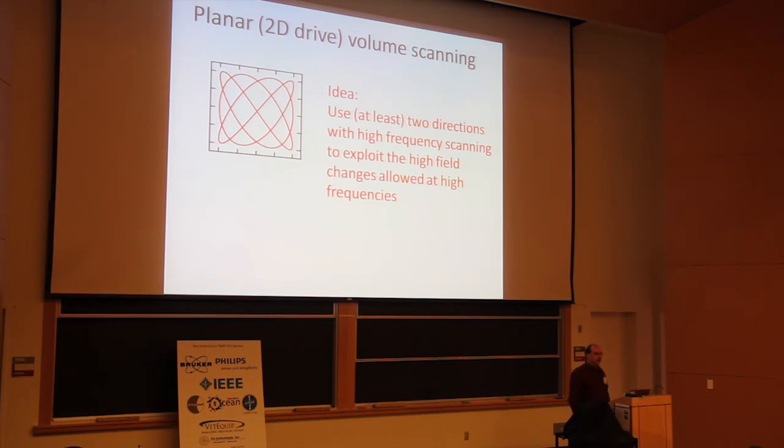You end up with a Lissajous trajectory, for example. It's the simplest case. You can end up with other trajectories if you do something more complicated. And the benefit is, at high frequencies, the patient can tolerate much higher dH/dt, so much higher changes in field. Actually, the change in drive field that we use is around 2000 Tesla per second.